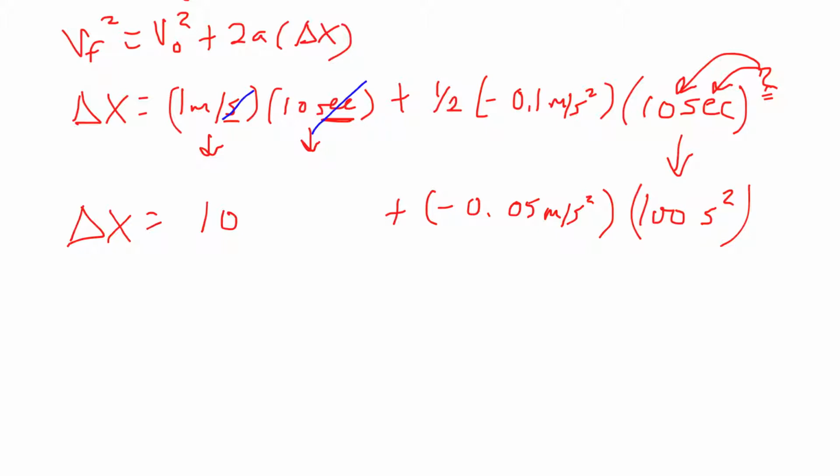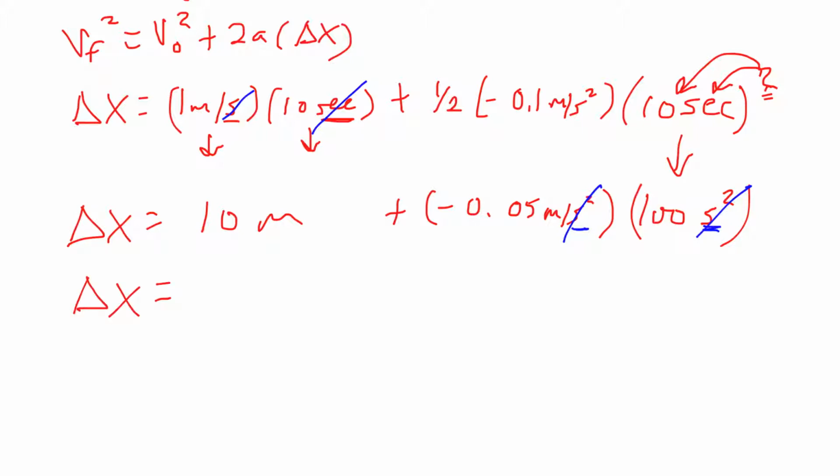So we're left with meters. So 10 meters plus this stuff. Now we've got a second squared in the numerator and a second squared in the denominator, so those cancel out and we're left with meters. So meters plus meters is going to give us meters, which is the correct unit for displacement. So we're good to go on our units.